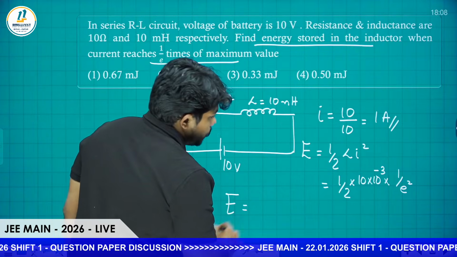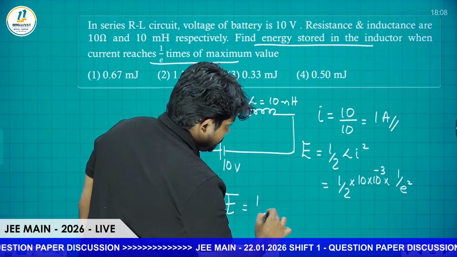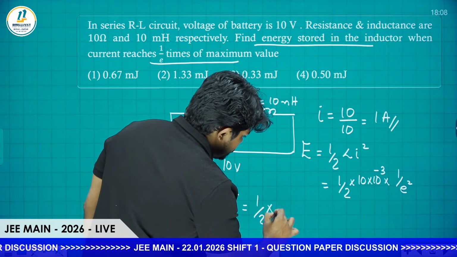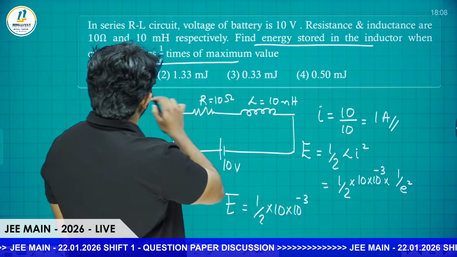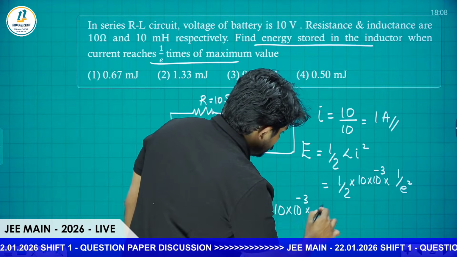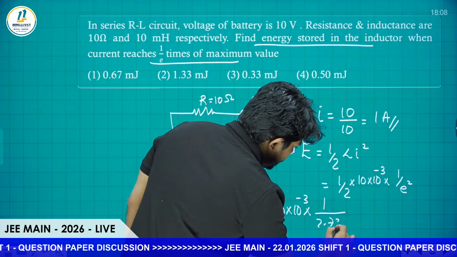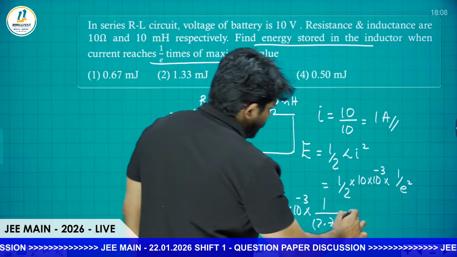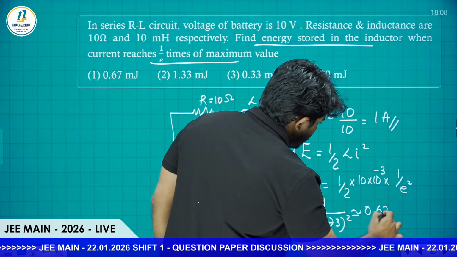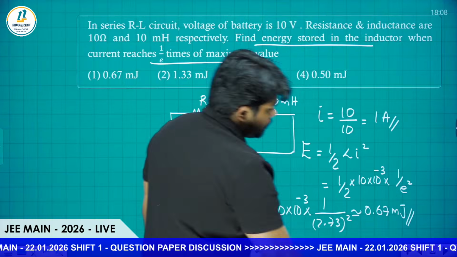So the energy value we are going to get is 1 by 2 times 10 times 10 raised to minus 3, because all the energies are in millijoule, times 1 by 2.73 the whole square. If you calculate this value, you will end up with 0.67 millijoules. That will be the value.